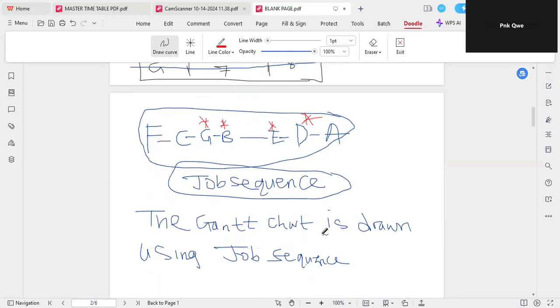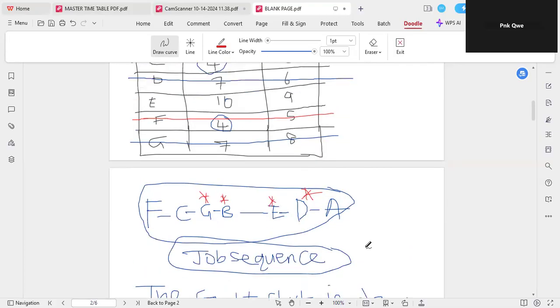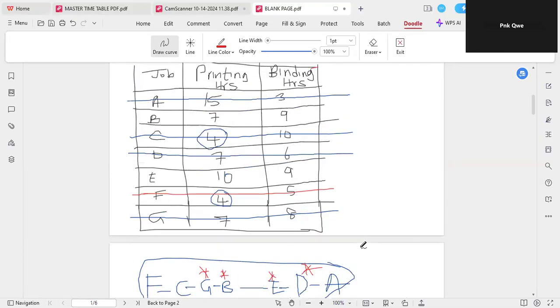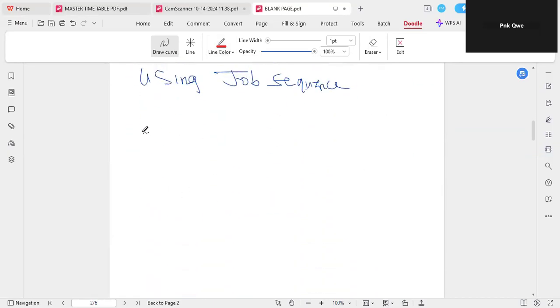So the Gantt chart is drawn by using the job sequence. So we are going to start drawing the Gantt chart.